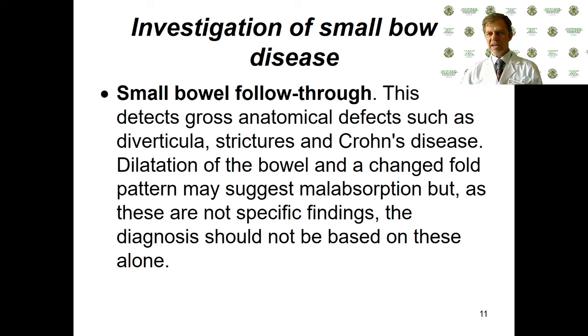This is an X-ray examination, and this detects gross anatomical defects such as diverticula, strictures, Crohn disease. Dilatation of the bowel and changed fold pattern may suggest malabsorption, but as these are not specific findings, the diagnosis shouldn't be based on this alone.